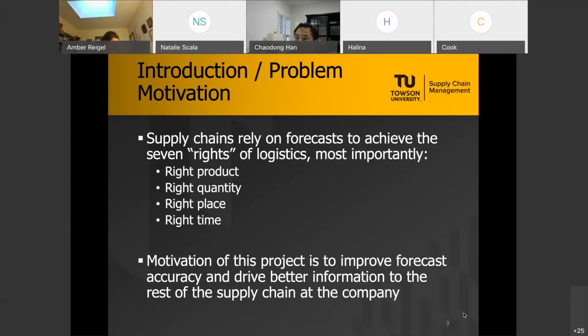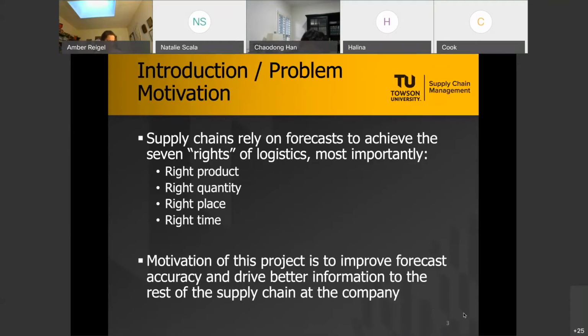All right, so just an introduction to my project. Supply chains, as we all know, rely on forecasts to achieve the 7 rights of logistics. And more importantly, my project is focusing on having the right product in the right quantity at the right place at the right time. So for those of you that don't know me, I'm a senior demand planner at Stanley Black & Decker, working on our Home Depot account.